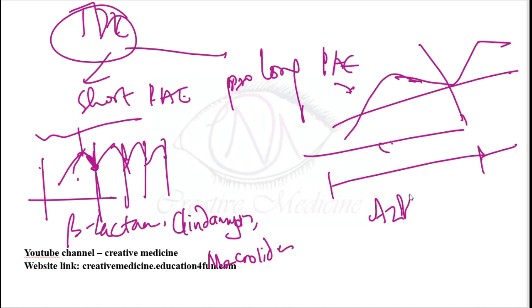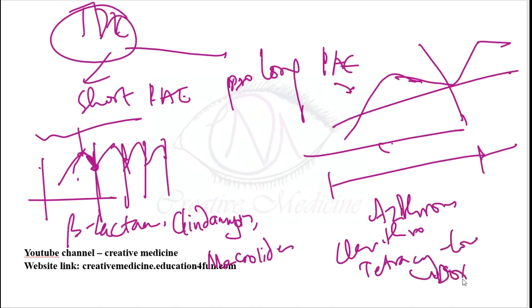Examples of them are azithromycin, clarithromycin, and long-acting tetracyclines, which include doxycycline. So, a shorter post-antibiotic effect is seen in beta-lactams, clindamycin, and macrolides, except azithromycin and clarithromycin, and a prolonged post-antibiotic effect is seen in azithromycin, clarithromycin, and long-acting tetracyclines like doxycycline.